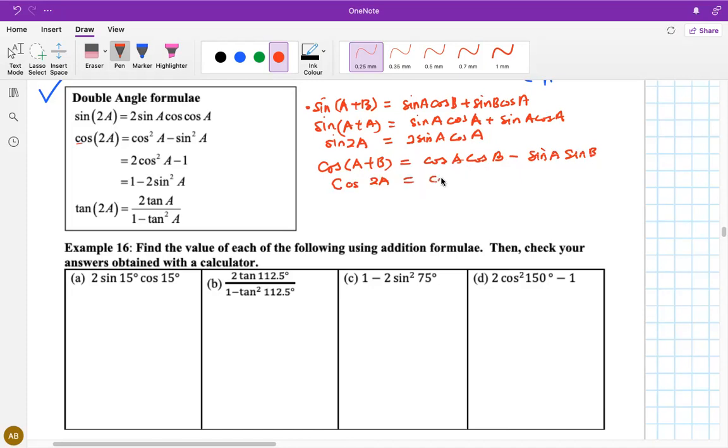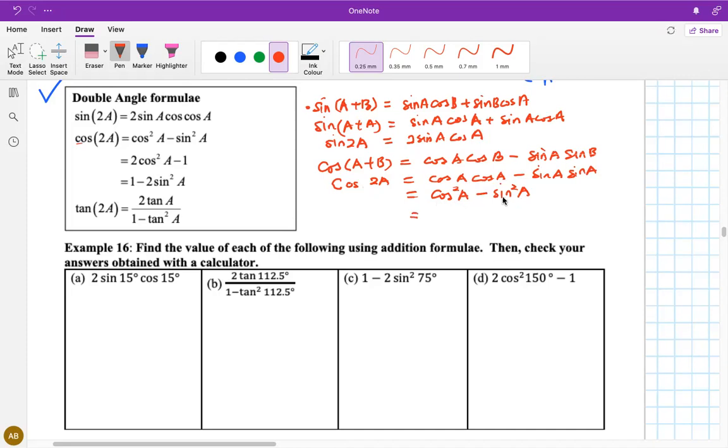Then you get cos A cos A minus sine A sine A. Cos A times cos A is cos square A, and sine A times sine A is sine square A. So cos 2A is cos square A minus sine square A.